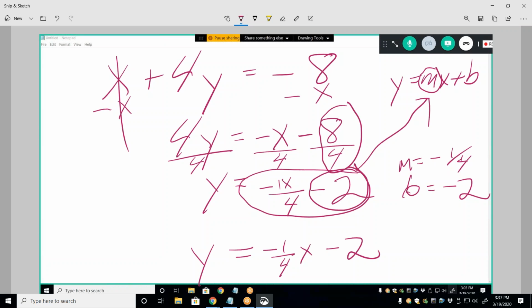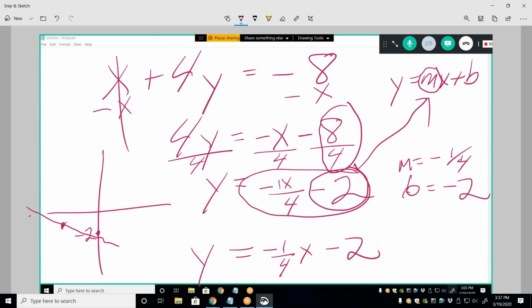And so how do I graph it? I start where? Negative 2. And how do I produce a slope of negative 1/4? You go up 1 and over 4 to the left. Good. And there's my line.